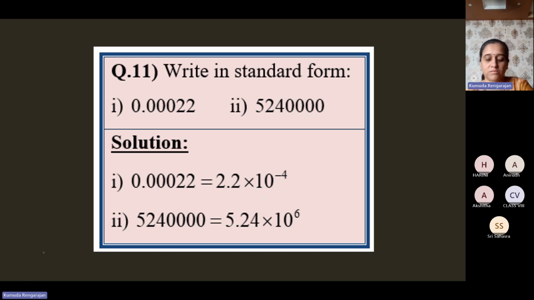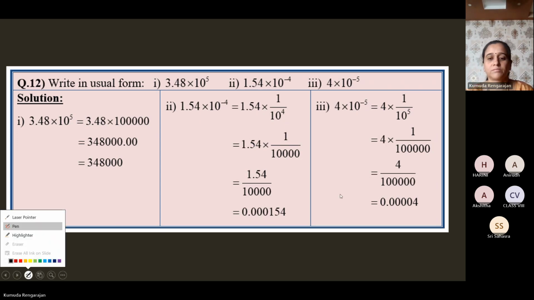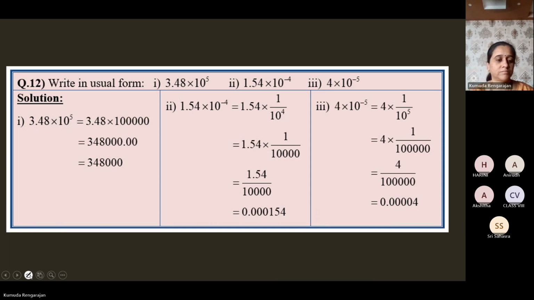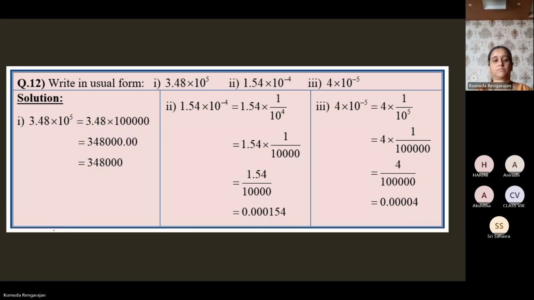Okay. See this answer? You'll have to write it in the usual form. So 10 power 5 means 1 followed by 5 zeros.